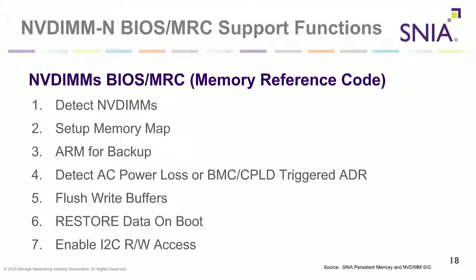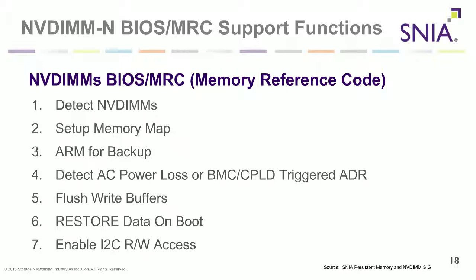It reads the SPD to figure out what kind of DIMM it is. Once it figures out it is an NVDIMM, it puts it in a different bucket, and RDIMM in a different bucket. So there are going to be two different pools of memory created, and then it exports that information all the way up to the operating system through the ACPI tables and other firmware tables that are already built in.